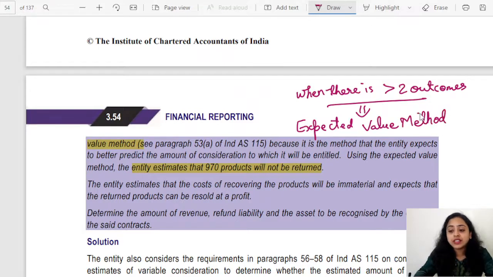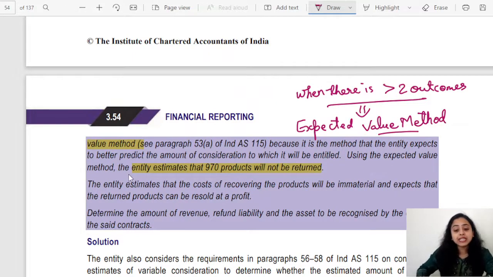And when there are only 2 outcomes possible, you can use the most likely method. It is also given in the notes portion. So now, since there are many options for how many will be returned, you are opting for the expected value method, because it is the method that the entity expects to better predict the amount of consideration to which it will be entitled.